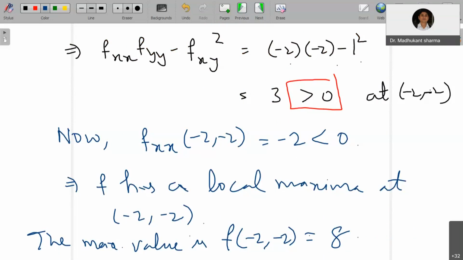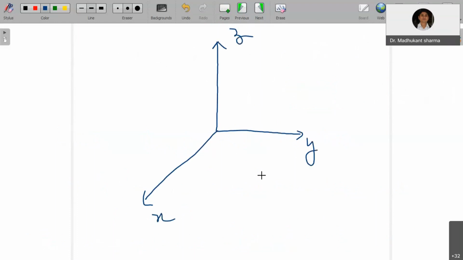If you try to visualize this, somewhere you have the X, Y, and Z axes, with minus 2 on the negative side of the plane. Here f at minus 2 is 8, so z equals 8.